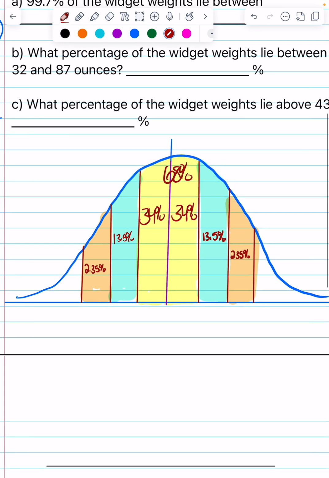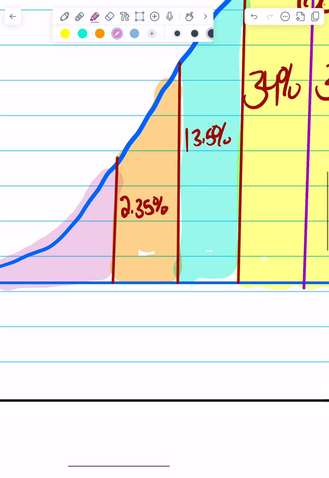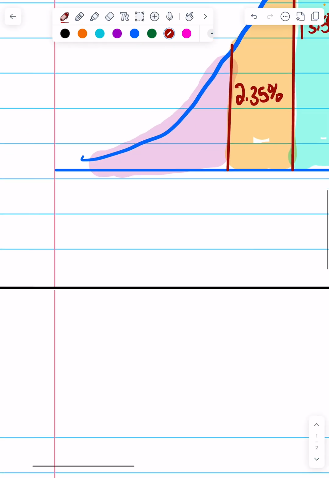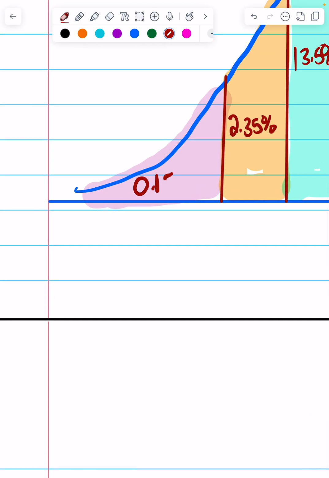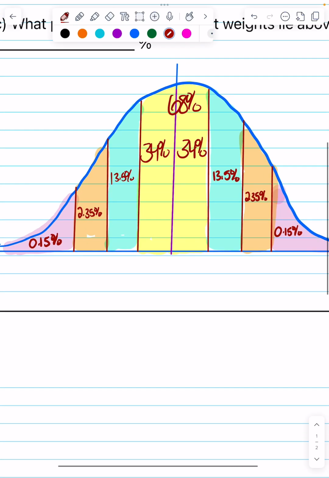It's tinier than what I've drawn here. And I'll color that in pink. All right, and those are 0.15% each. And that accounts for all of it. If you add up all of those percentages, it would equal 100%.